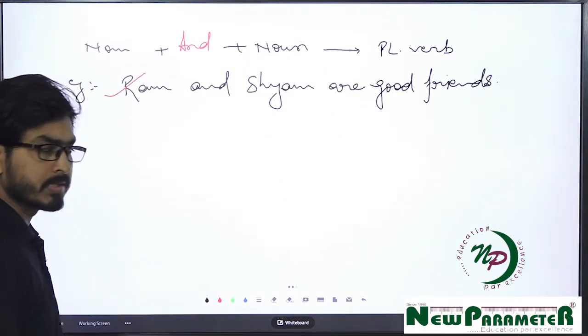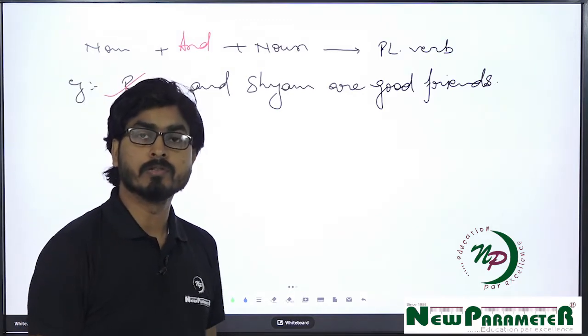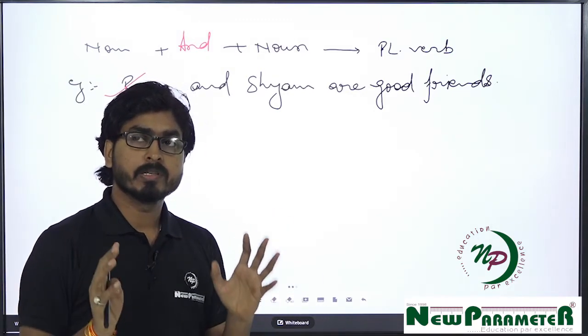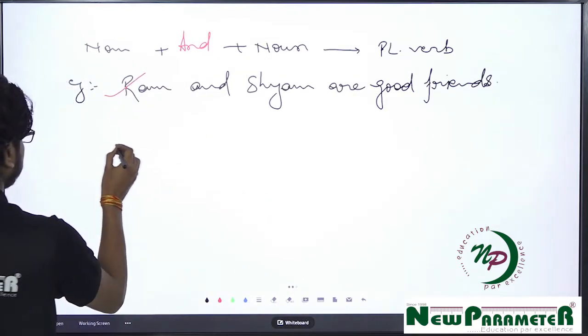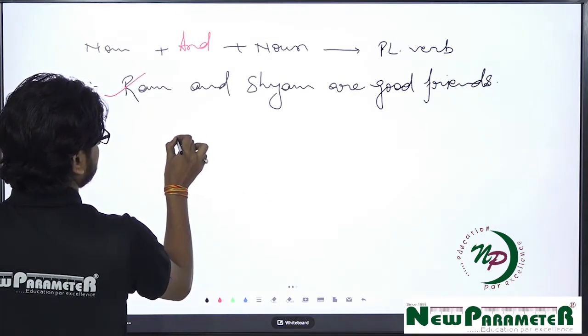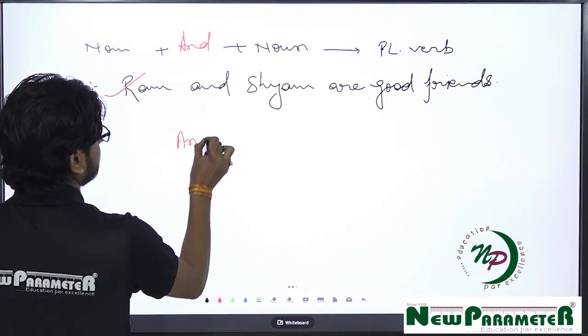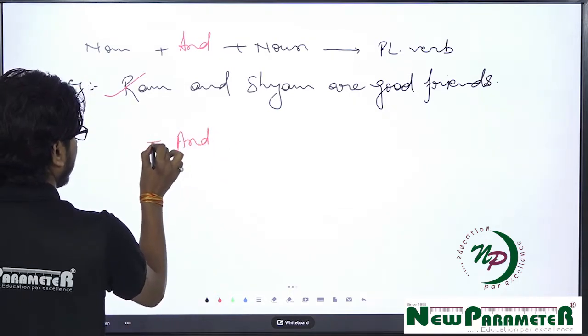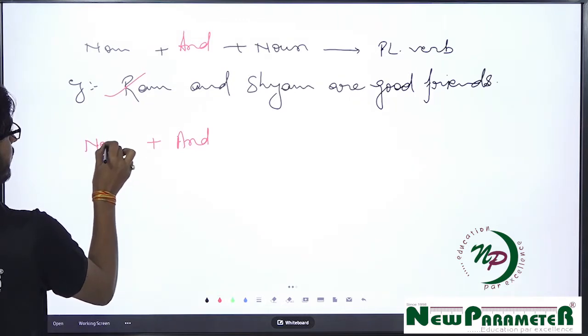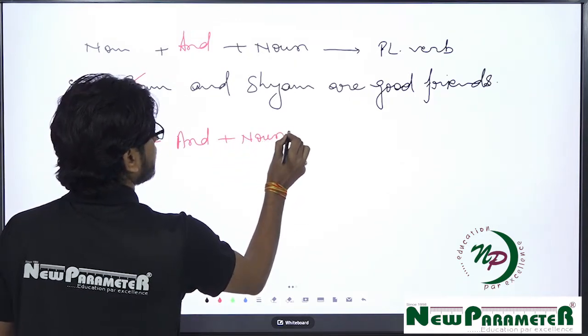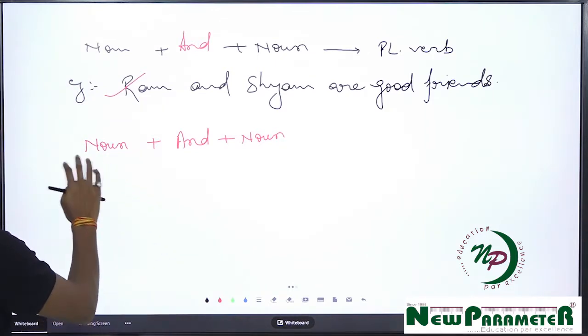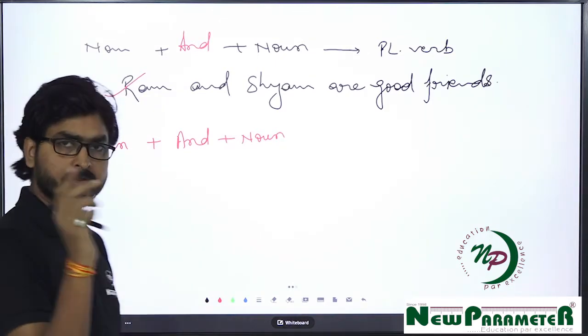But what happens when we connect two nouns and they give the sense of a single thing? I have used a noun and again I have used a noun. Suppose these give you the sense of a single thing.